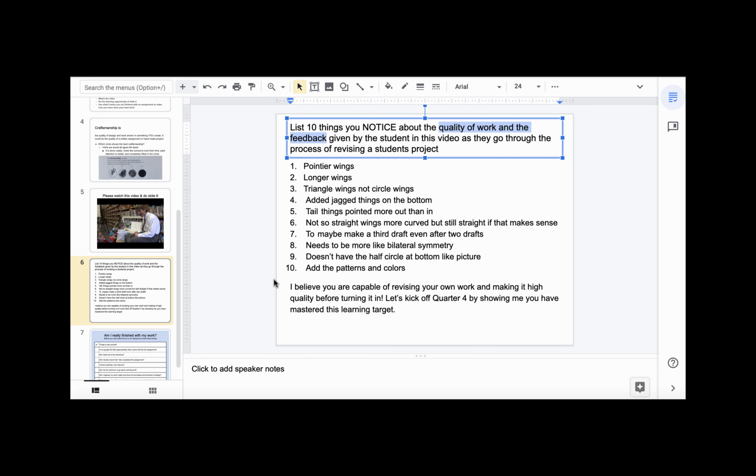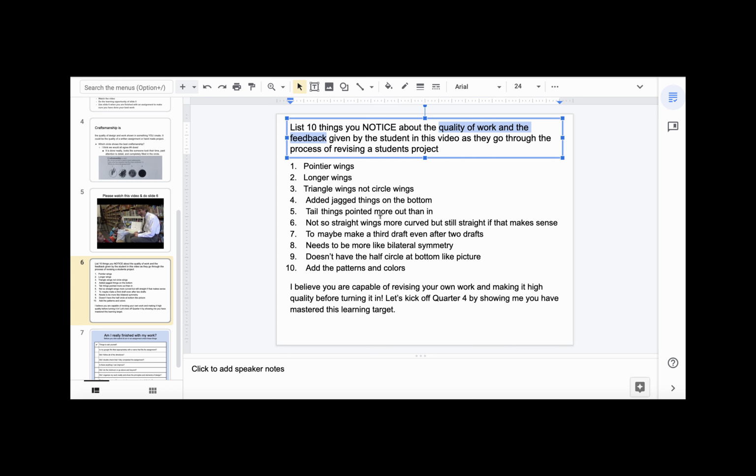If we look at number one, pointier wings. If we think about what was in the video: pointier wings, longer wings, triangle wings, jagged things on the bottom, tail things pointed more out than in, not so straight wings.